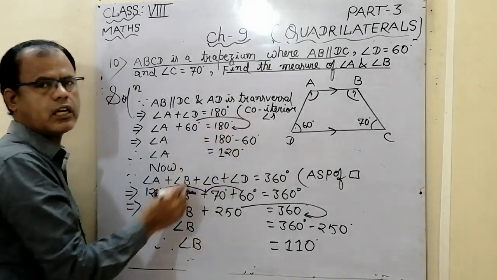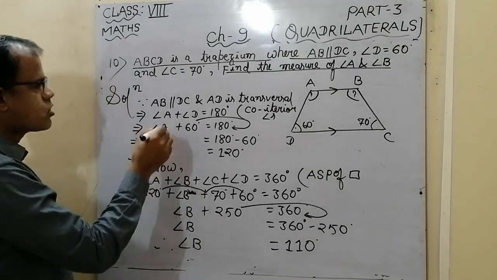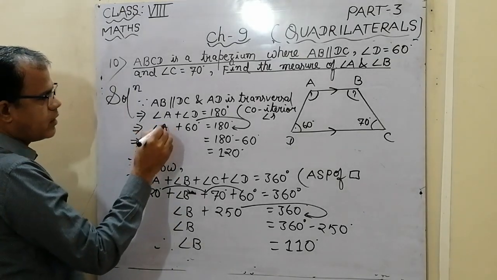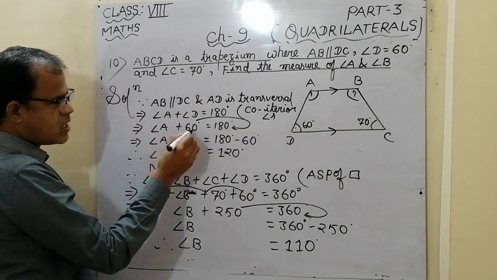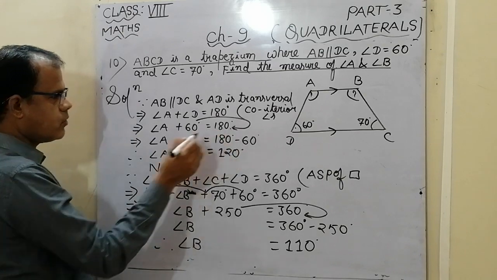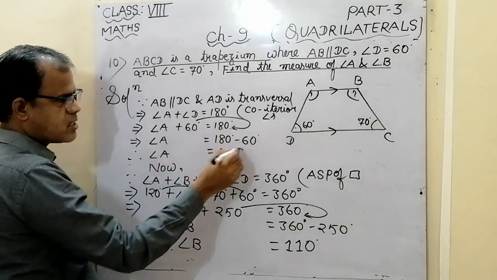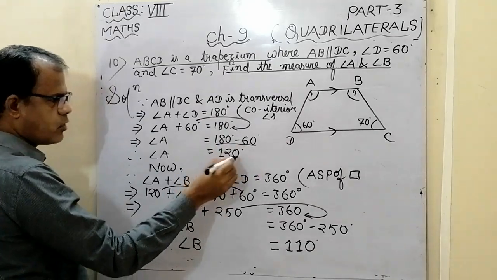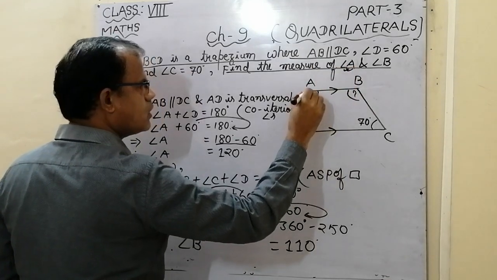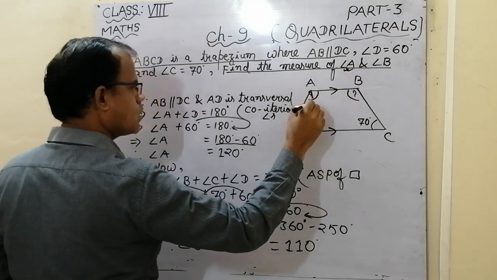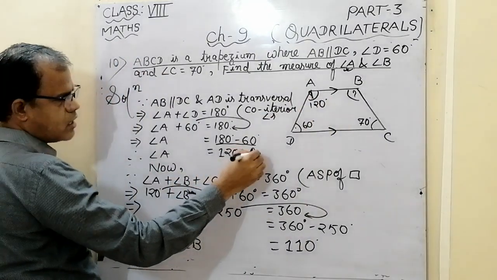Co-interior angles, or angles on the same side of the transversal. So angle A plus 60 degrees equals 180 degrees, angle A equals 180 minus 60, which is 120 degrees. So this is one answer.